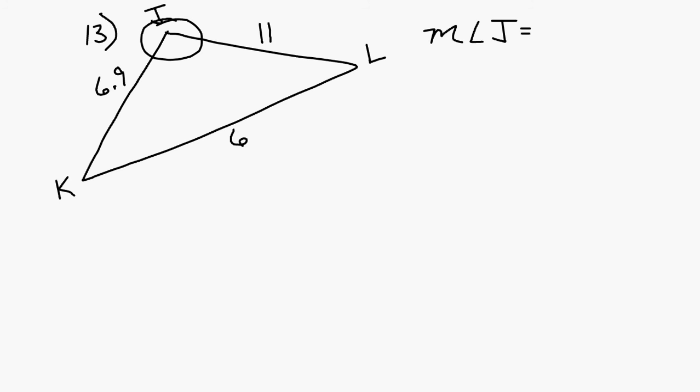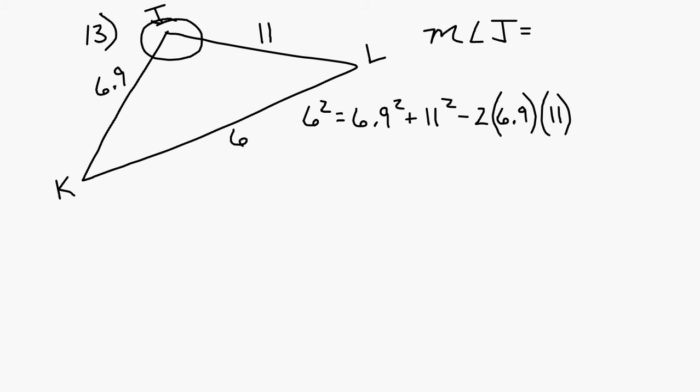We're going to use the law of cosines again. Law of cosines says that the 6 squared is equal to 6.9 squared plus 11 squared minus 2 times 6.9 times 11 times cosine of J. Now, this one you got to work through a couple of steps, okay?